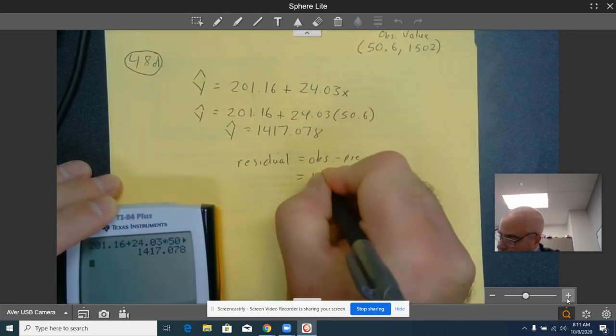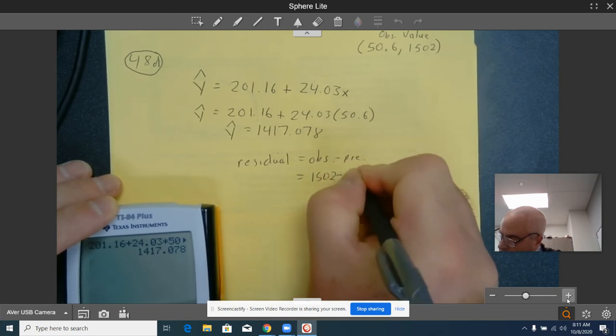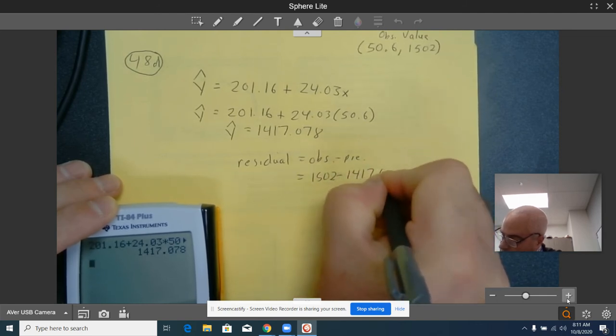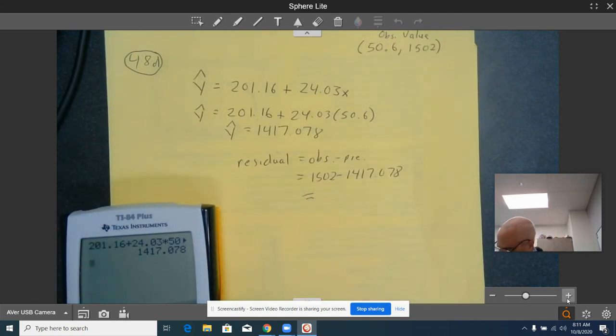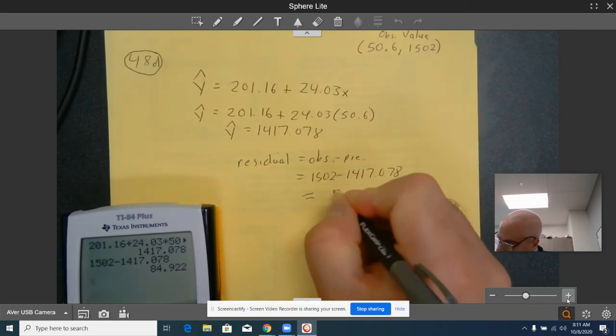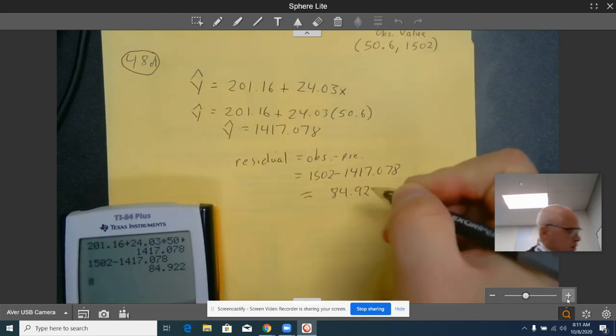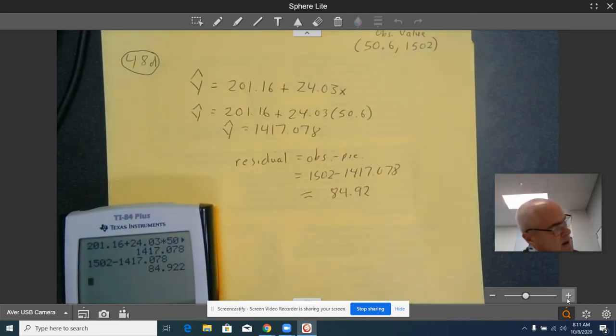So observed is 1502, predicted is 1417.078, and that gives me 84.92. I checked the book, and they get 85.1. Close enough. Again, rounding, we never make a big deal about rounding.